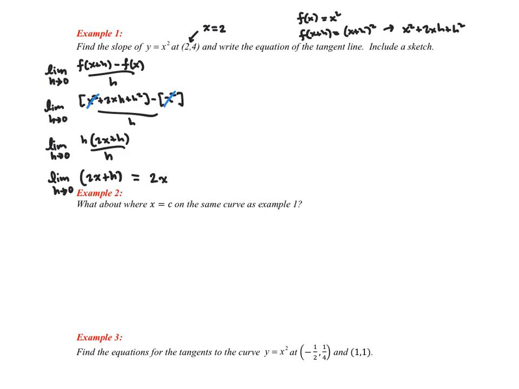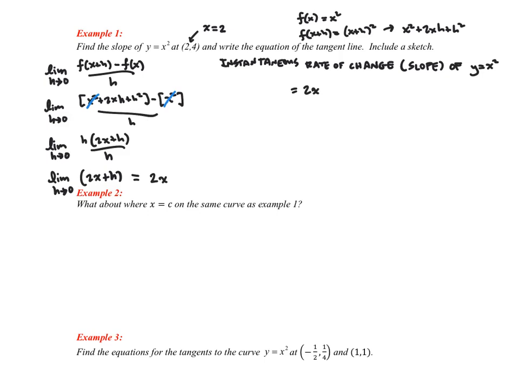That means that the instantaneous rate of change, also known as the slope of y equals x squared, is equivalent to 2 times whatever the x value is.